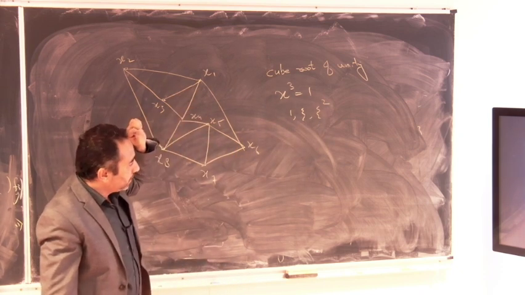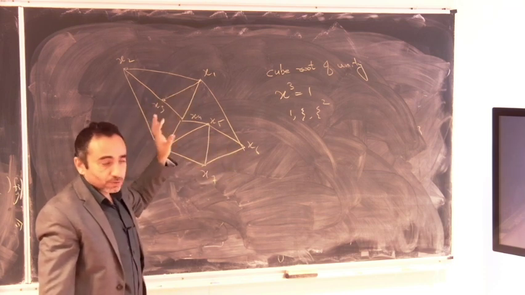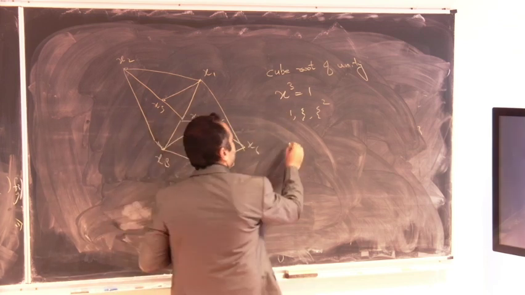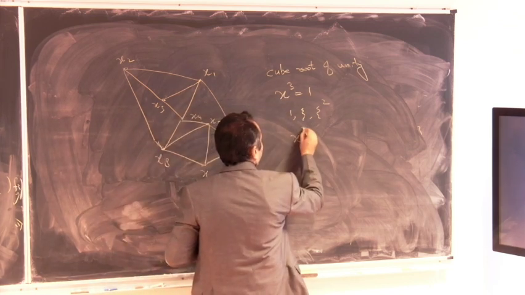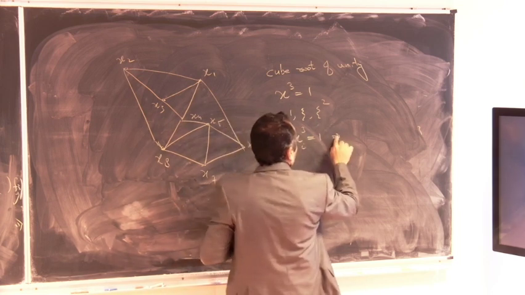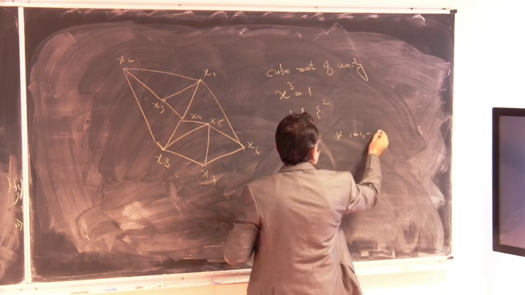So that means we can assign any color to any of these vertices. So we can have equations of the form xi cubed equals 1 for all i varying from 1 up to 8.